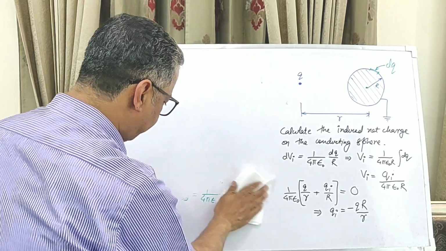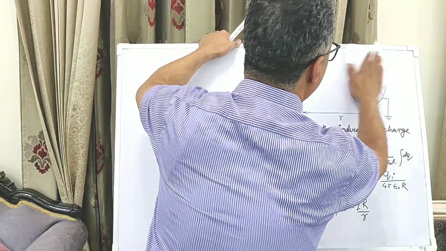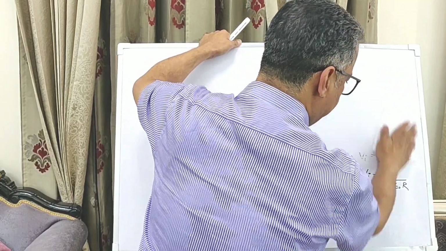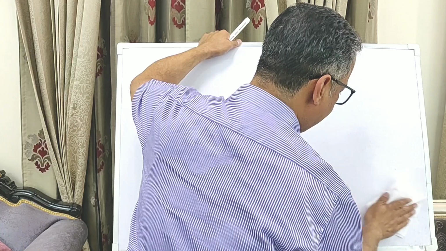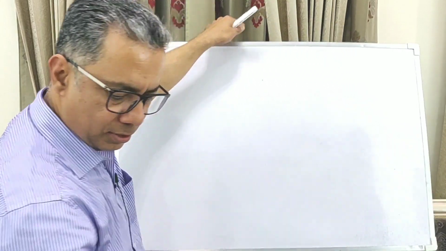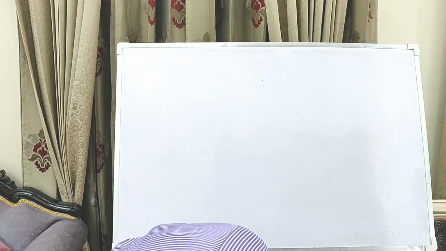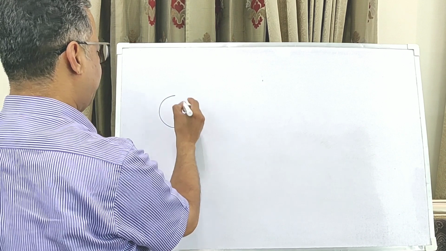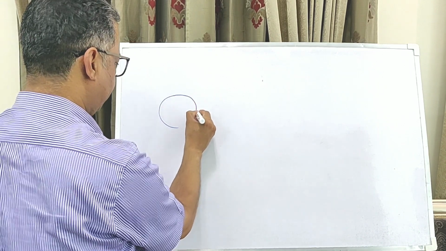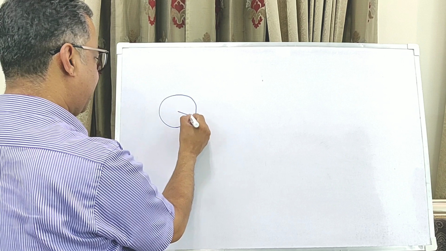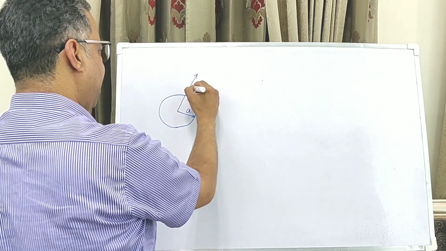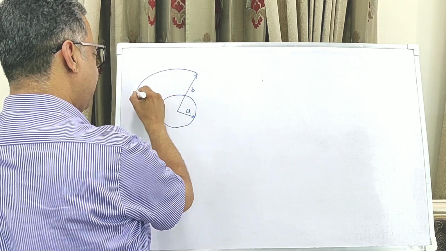This time, let's consider a pair of concentric conducting spherical shells. So this is a conducting shell having a radius A, then another one having radius B, and they're concentric.